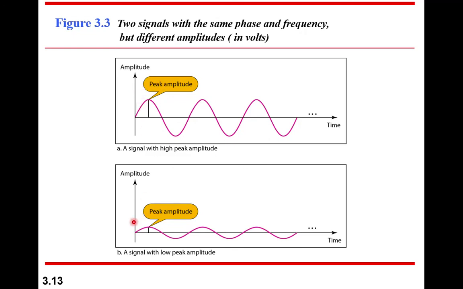The amplitude value is measured in volts. It represents the energy that the signal carries. So the amplitude represents the highest peak values.